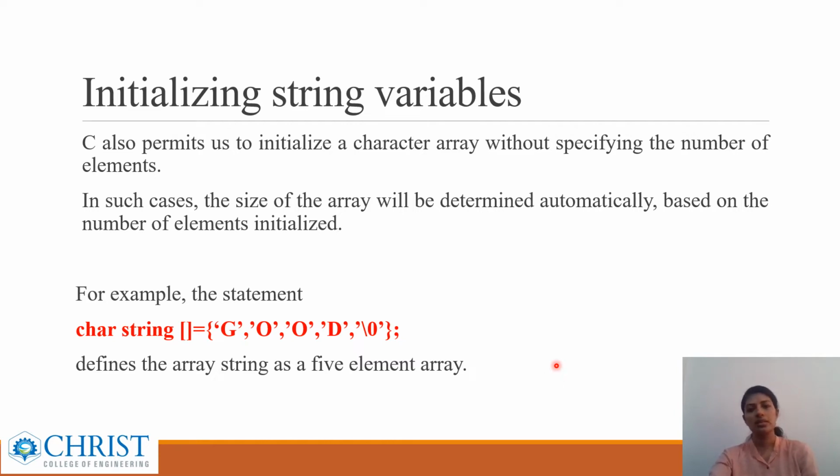In that case, the size of the array will be automatically determined by the compiler. This is the example. The name of the string is string itself, and we are not specifying the size inside the square brackets. These are the characters of the string G, O, O, D, and last we have the \0. Automatically the compiler will understand that the string has size 5. So this is another method of declaring and initializing a string.